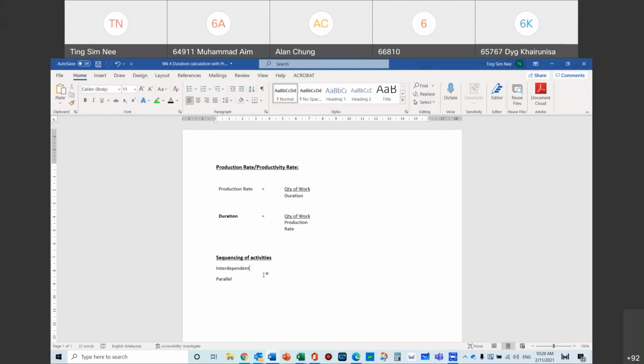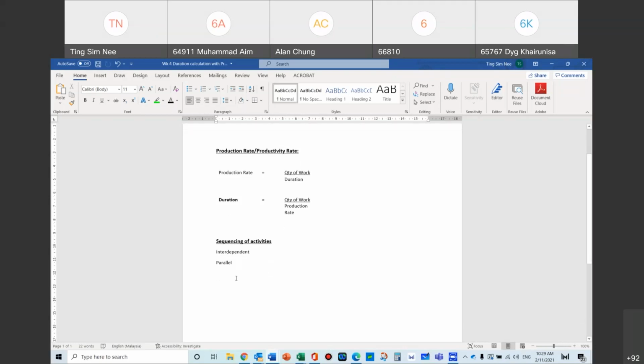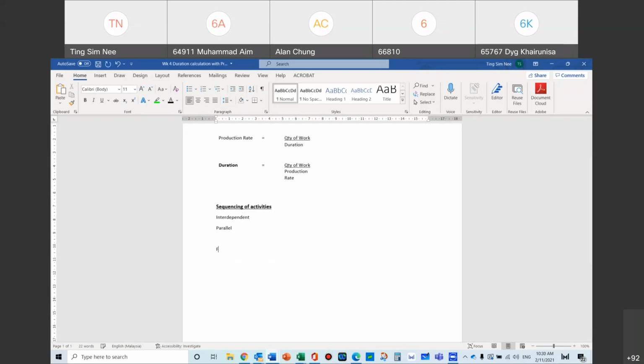So the second draft can involve what we call the factoring. We can actually have the factoring of the production rate. So factoring can be lowering down or upping. Okay. So this factoring here, I didn't actually put it in the notes, but I feel like this factoring is very important.